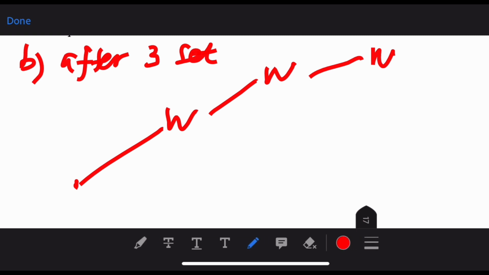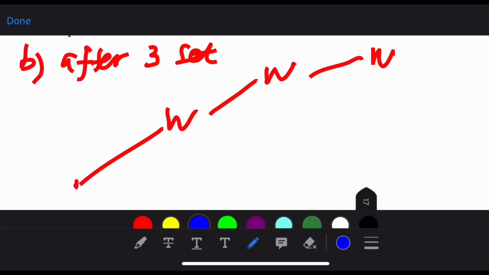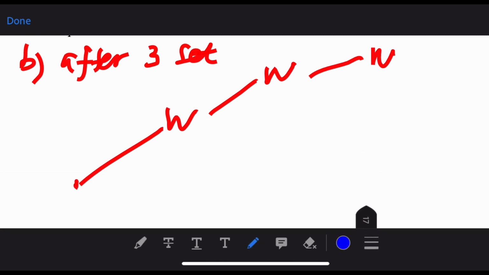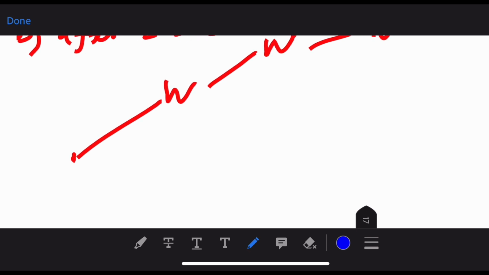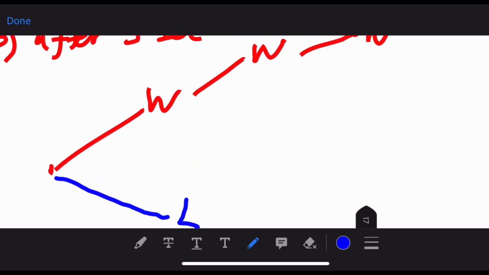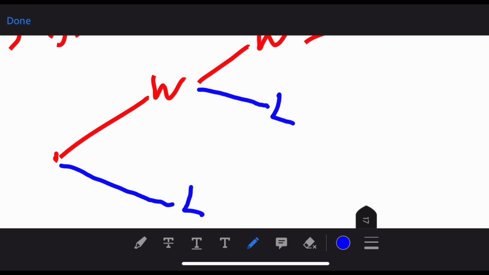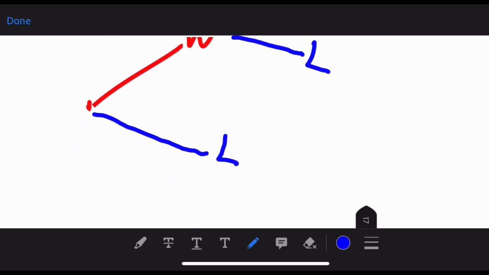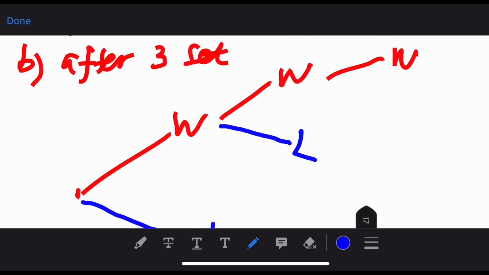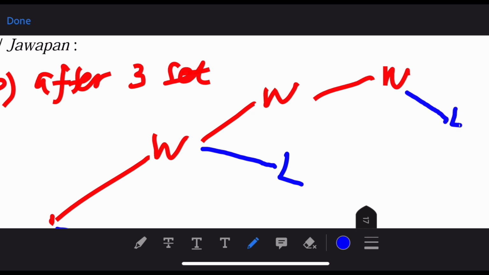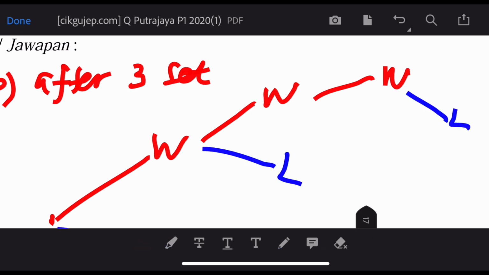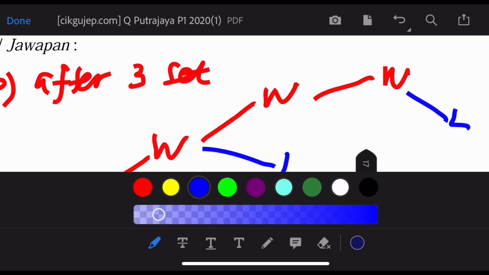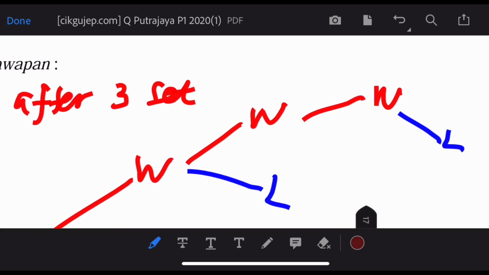So you have to complete the branches so that it will form a tree diagram with 3 events. So the outcomes are win and then lose for the first set, and then for the second one you will continue with the second event. Set 2 game and set 3 game.